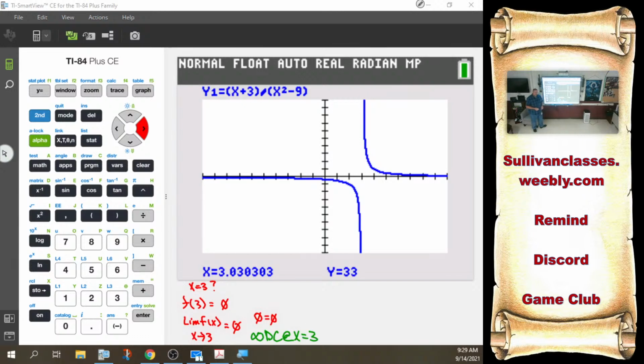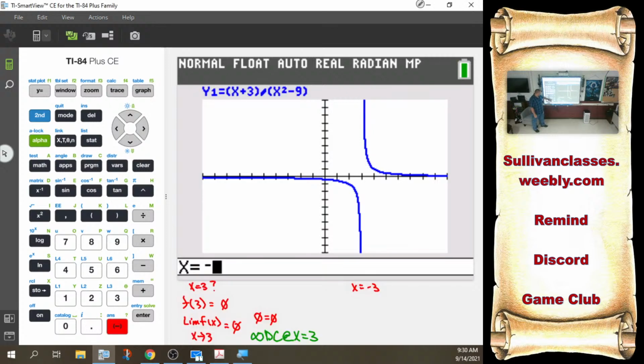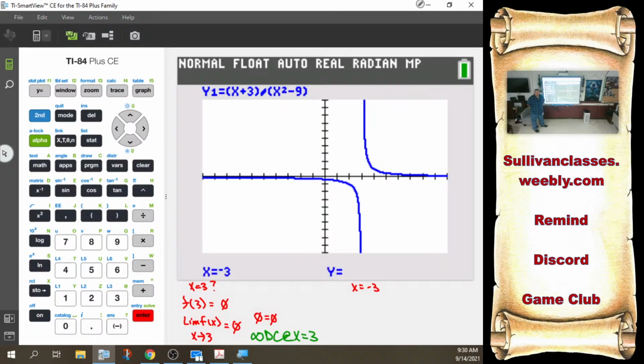If I'm testing negative 3, again, I can go to the table or I can just stay right here on the graph. If I trace to negative 3, well, wait, but it's there. It's right there.